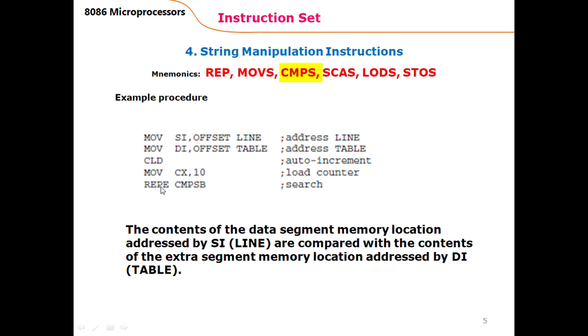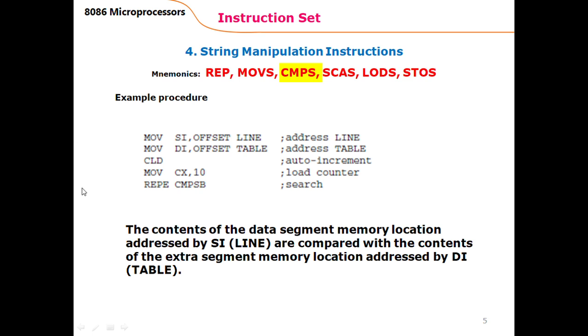this repeat while equal instruction would cause this instruction to be repeated again, and each time after each execution, this counter is decremented by 1, and it also checks if the counter is not equal to 0. As long as the counter is not equal to 0, and as long as the two bytes are the same, this repeat while equal instruction would cause this instruction to be executed again and again.